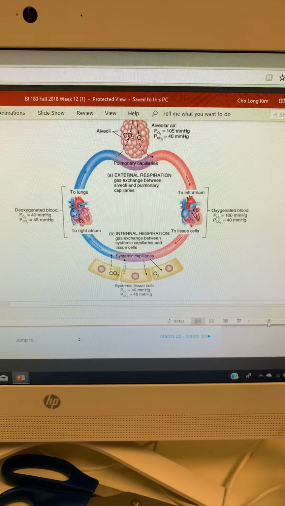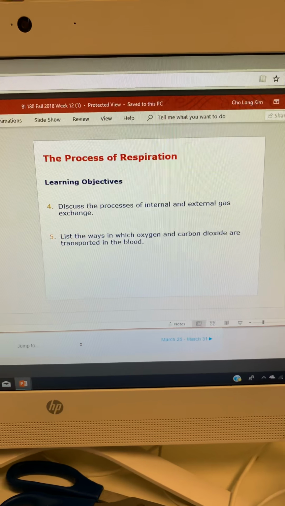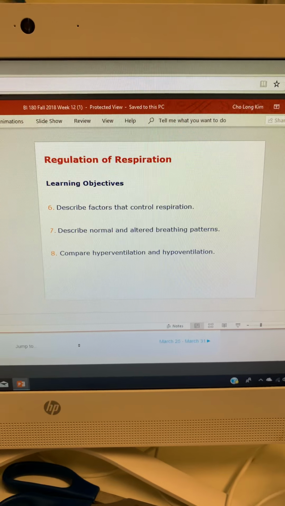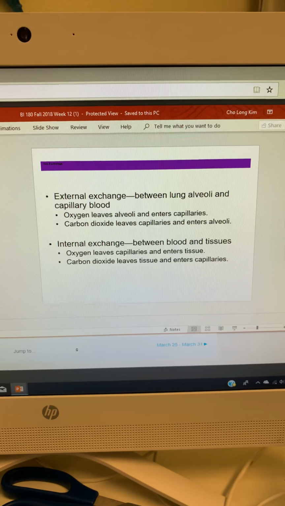Next. So, couple things. Please know the learning objectives: the process of internal and external gas exchange or respiration, and list the ways that oxygen and carbon dioxide are transported through the blood. We just got through talking about that. Let's keep going. Okay, gases diffuse down the gradient, partial pressure, talked about those.